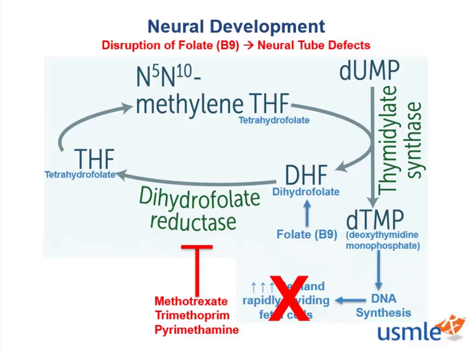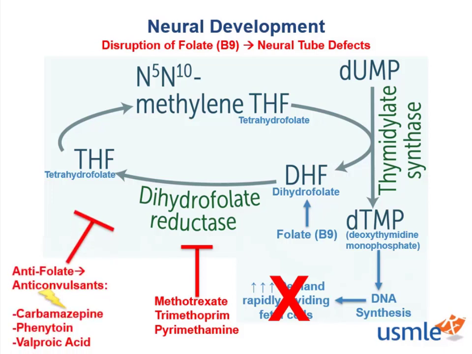Nonetheless, all of these agents can, in some capacity, inhibit human dihydrofolate reductase enzymes and, as such, can predispose infants to neural tube defects. Another class of agents notorious for altering folate metabolism are the anticonvulsants. Anticonvulsant agents such as carbamazepine, phenytoin, and valproic acid, among others, can lead to neural tube defects.